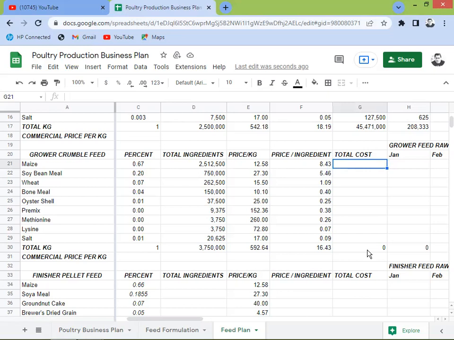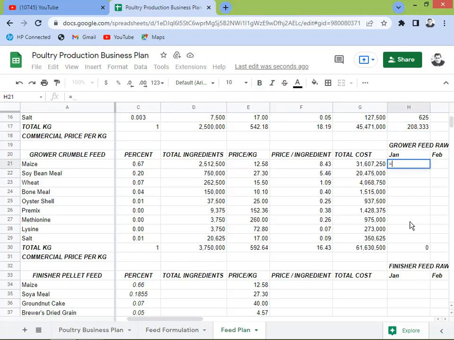The total cost would be the total ingredients multiplied by the price, and that would be our total cost. The total cost to produce the grower crumble feed is 61 million. This is higher compared to the 45 million of the starter crumble feed.